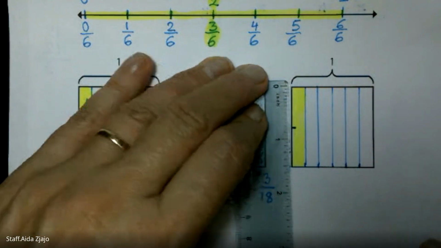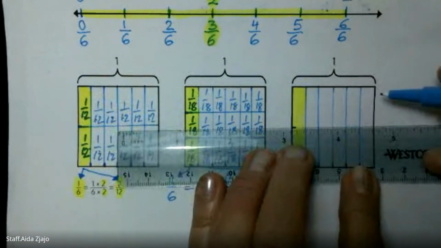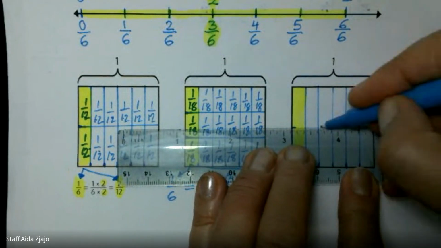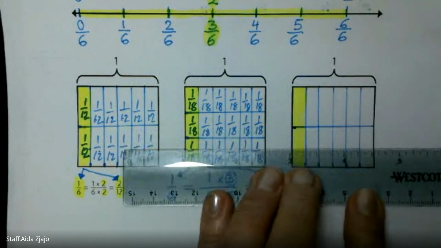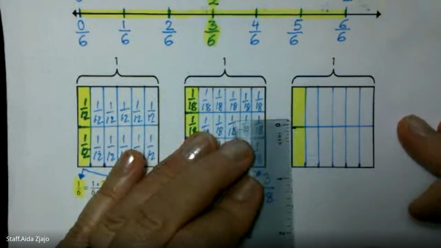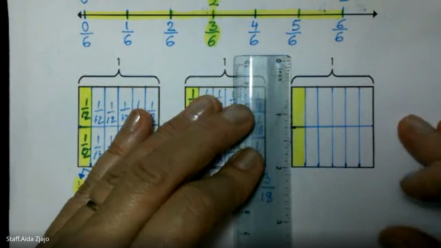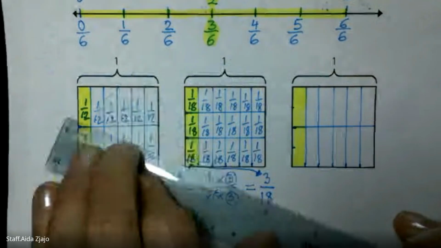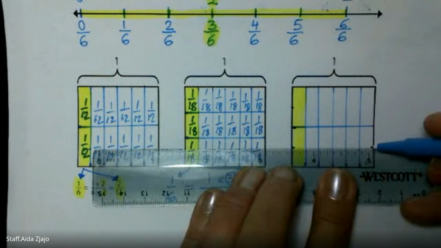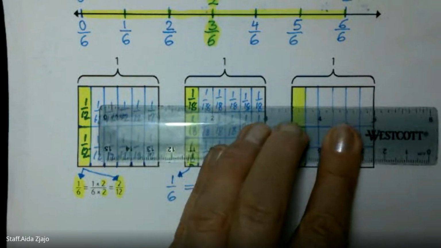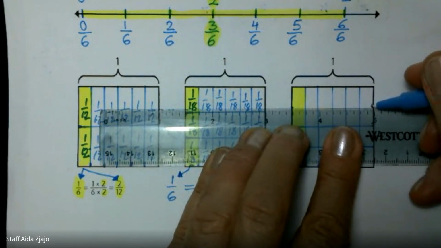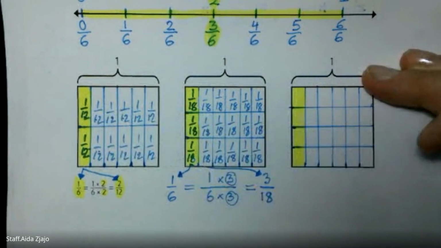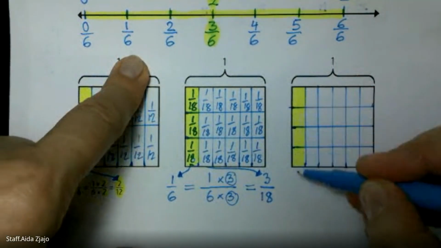So if this is my half, okay, then I will cut the half again. It's about right here. When I cut this half and this half again, I will create 4 equivalent pieces.